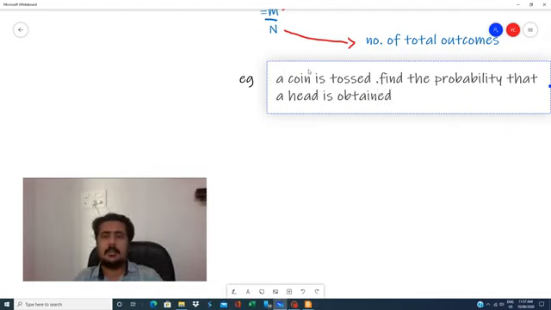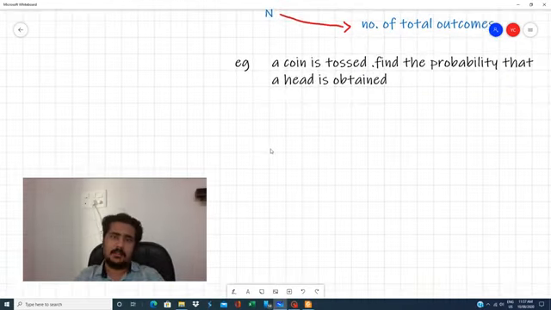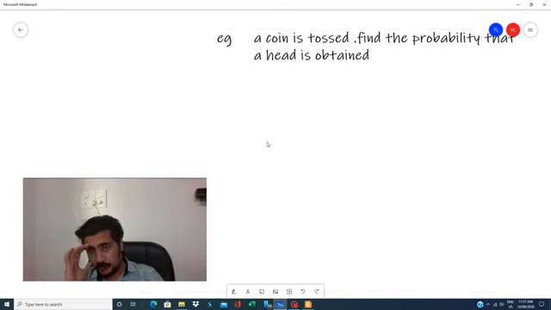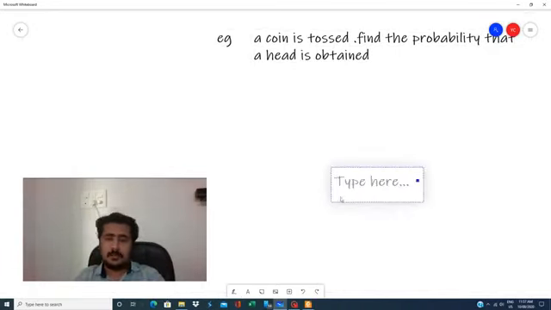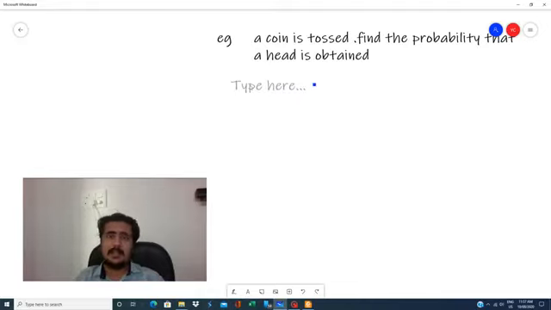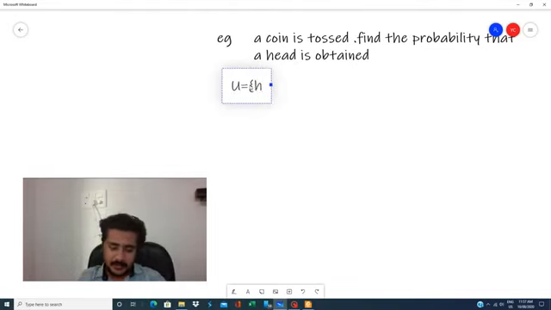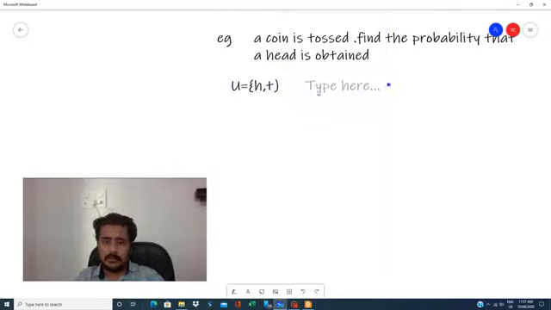A very simple question. As I told you, we'll always start with n, that is total outcomes. Total outcomes is your sample space. If I toss a coin, there are two possibilities: either head or tail. If I count these total possibilities, I'll get my n.